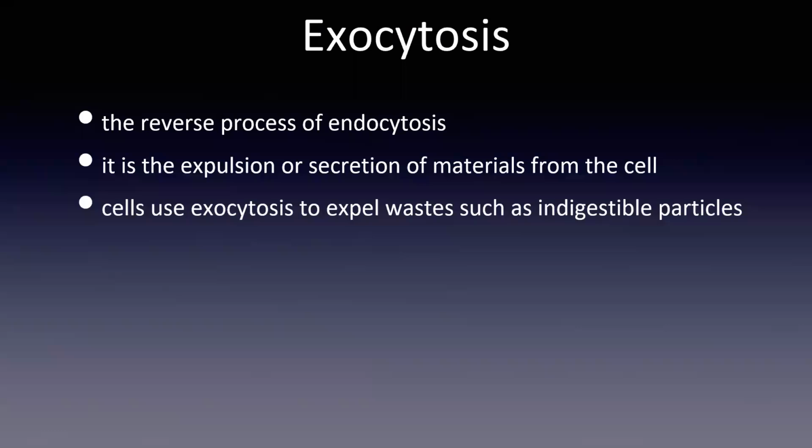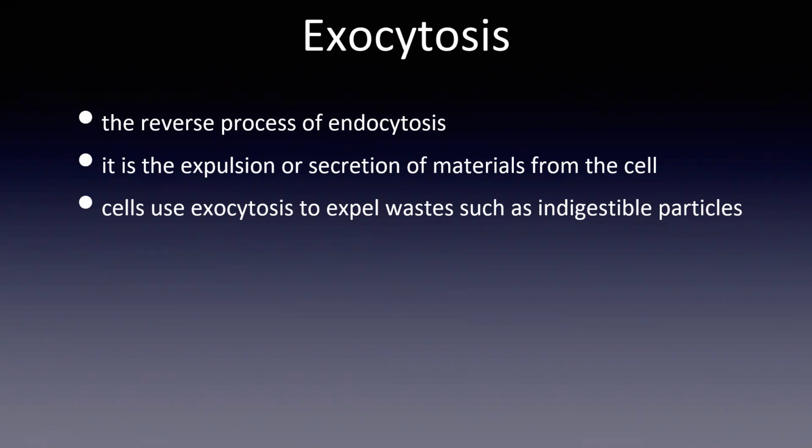But just like with endocytosis, it doesn't always deal with eating because it can also deal with protection. We talked about white blood cells. Exocytosis isn't always getting rid of waste. Sometimes, as you'll learn in grade 12 biology, the nucleus of the cell has codes, like DNA coding, that has instructions basically to make proteins that can then be secreted out of the cell and be used elsewhere in the body.